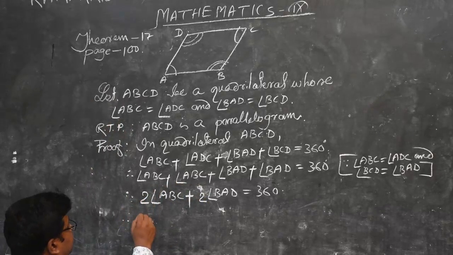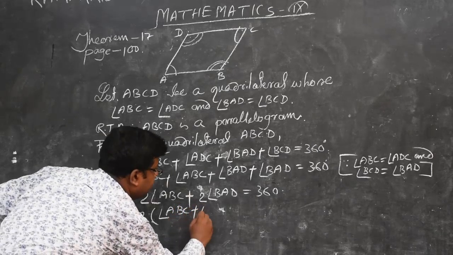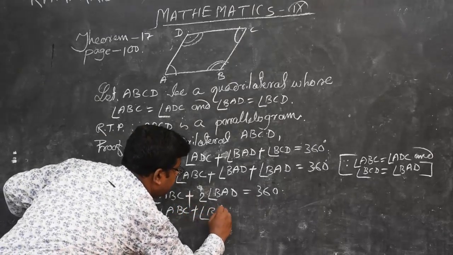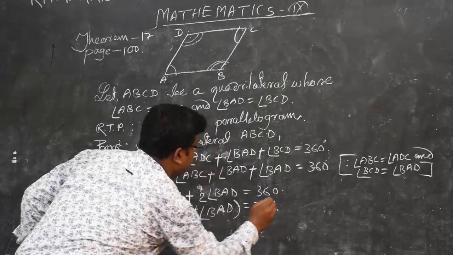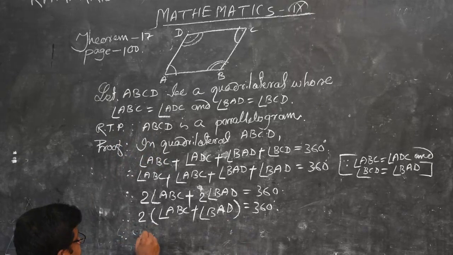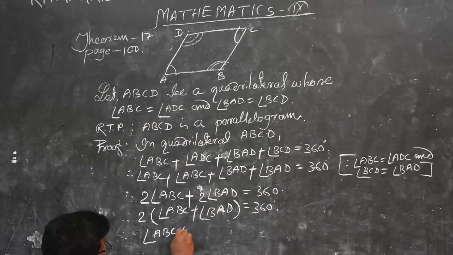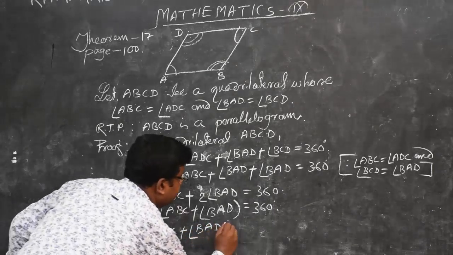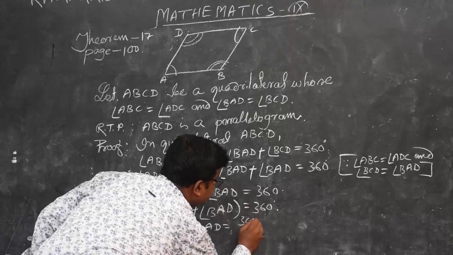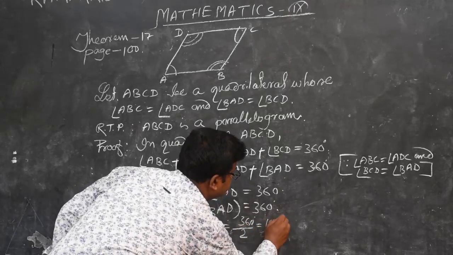Now take common 2. The remaining part is angle ABC plus angle BAD equals 360 degrees divided by 2, equals 180 degrees.